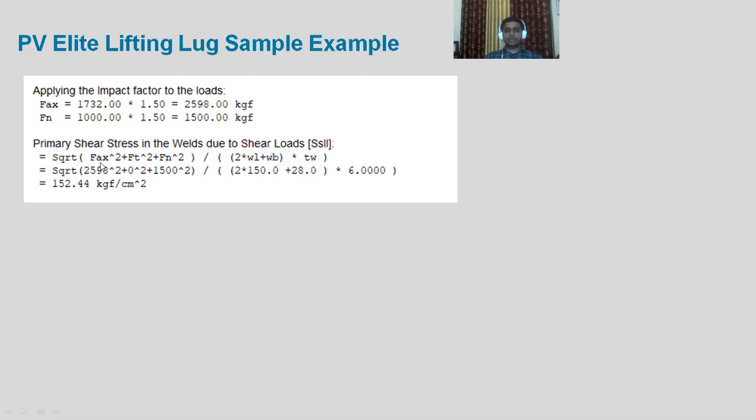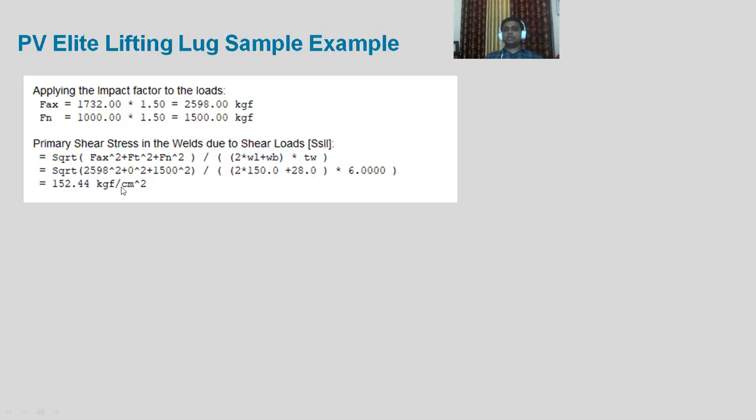The resultant force will be calculated as the square root of Fax square plus Fn square plus Ft square. Whatever force is applicable, its resultant will be the actual force acting for that shear stress. Here there is no Ft, so this value will be 0.